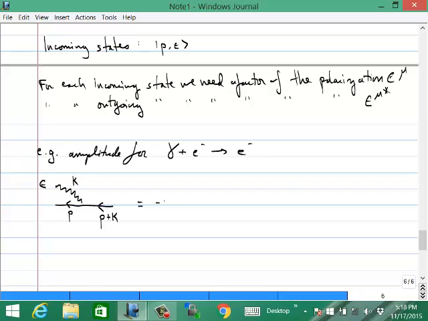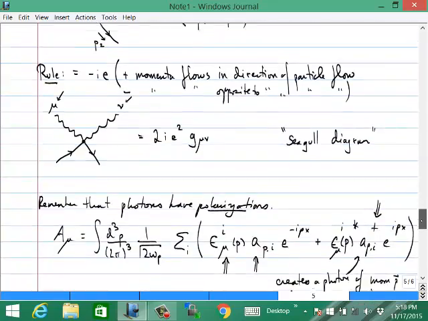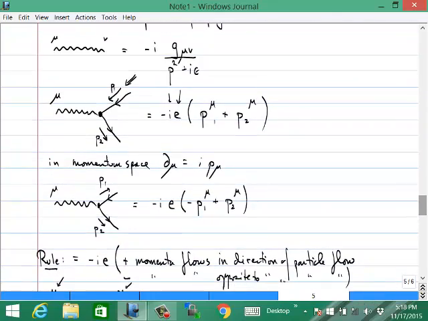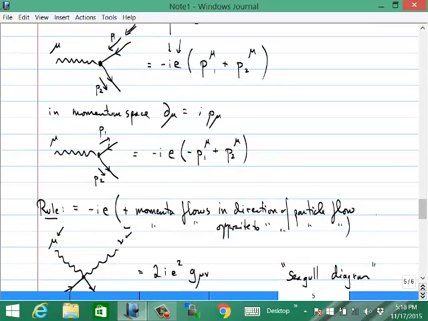Well, you get a minus iE from the interaction vertex. You get the polarization vector epsilon mu, and then we just have to remember our rule for how to incorporate the derivative interaction in this trivalent vertex where a photon combines with an electron.